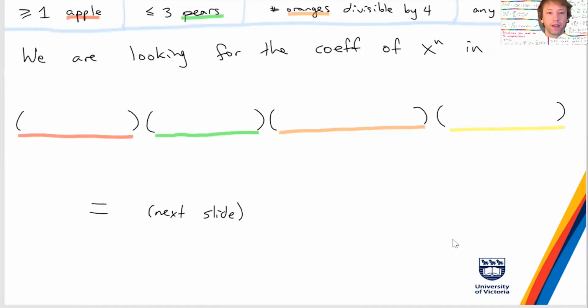Okay. So I want to express this as finding the coefficient of x to the n in a generating function. The generating function is going to have one factor for each fruit.